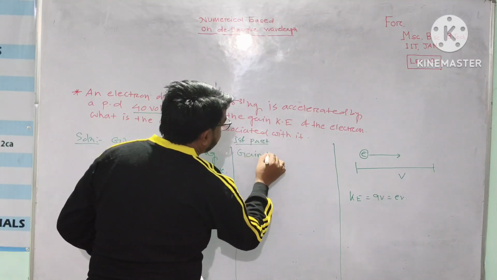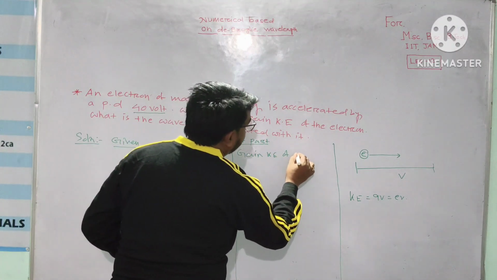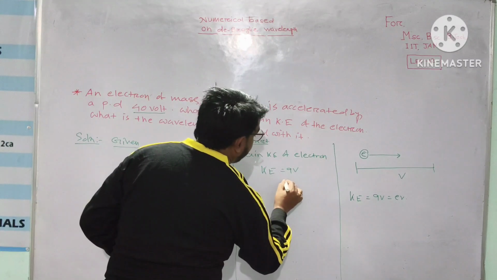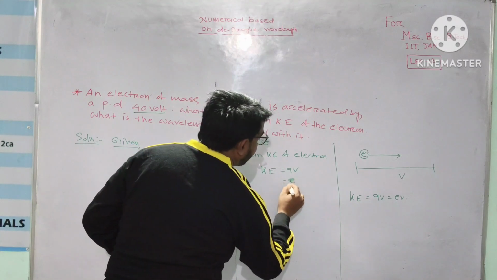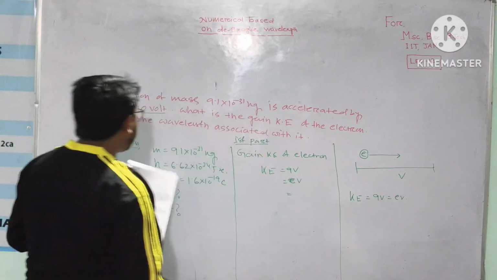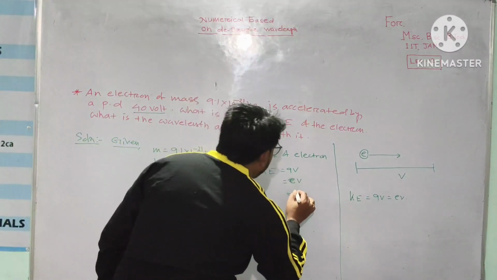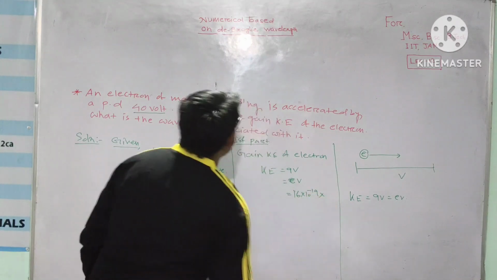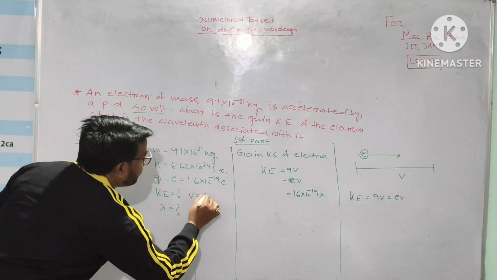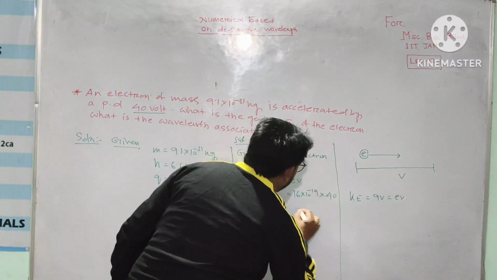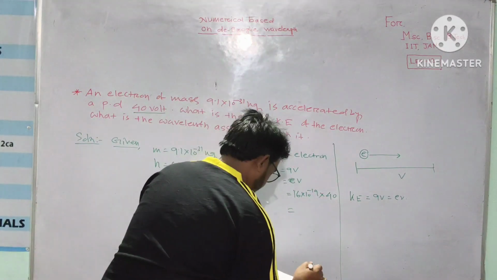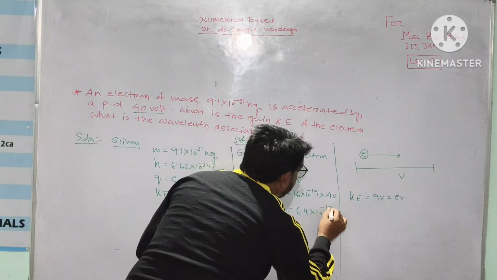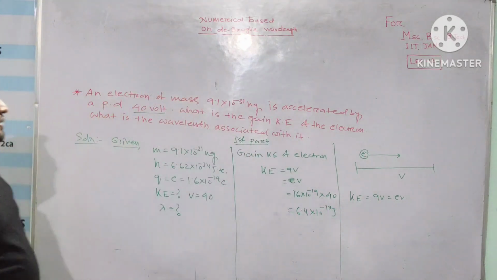Gain of kinetic energy of the electron is KE equals q into V, where q is the charge of the electron, q equals 1.6 into 10 to the power minus 19, and V equals 40 volt. So 1.6 into 10 to the power minus 19 into 40. After solving this part, 6.4 into 10 to the power minus 18 joule. So this is the kinetic energy of the electron.